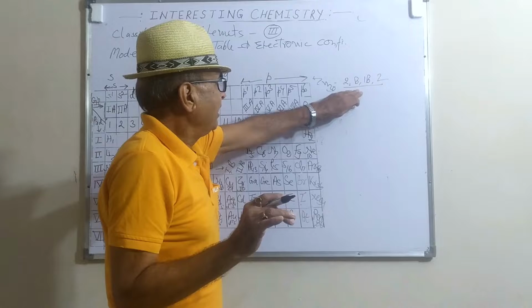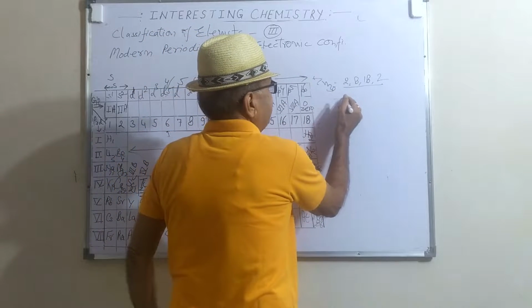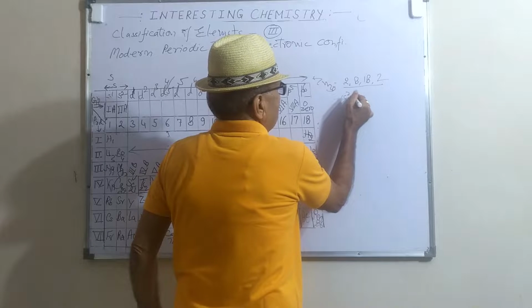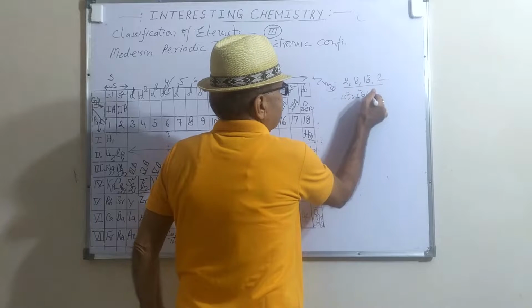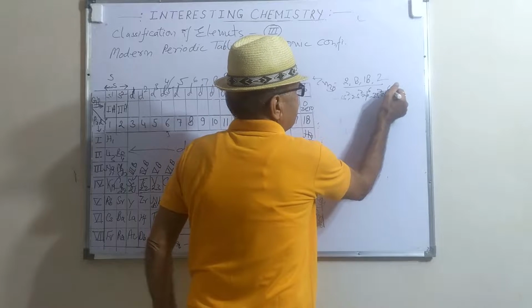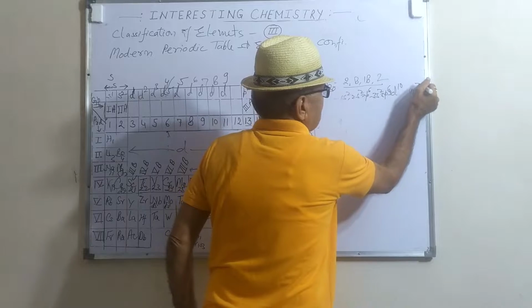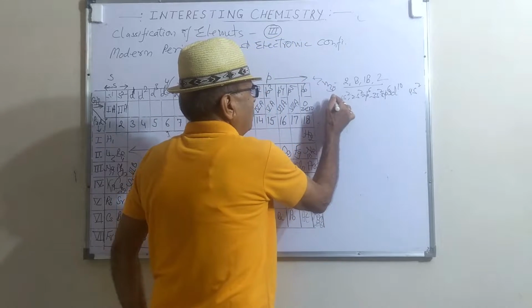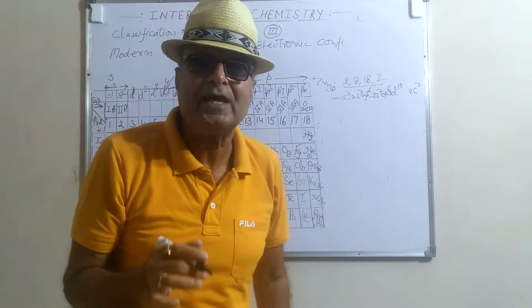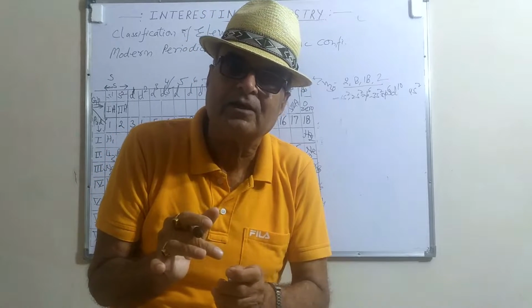This is according to the shell. When you write 1s2, 2s2, 2p6, 3s2, 3p6, 3d10 and 4s2, it is according to the subshell.